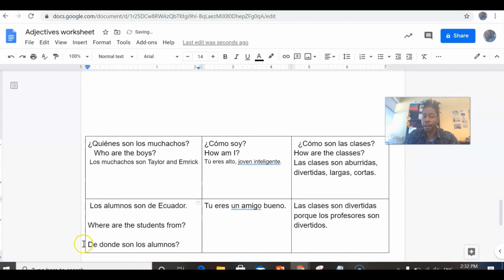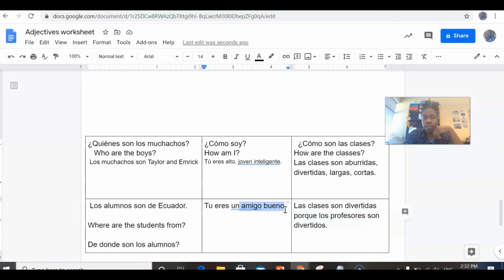And remember, our pattern for our question words is question word, verb, and then the subject here. So if I ask you ¿de dónde son los alumnos?, your answers would be los alumnos son de Ecuador or Carolina del Norte or de Puerto Rico or México, because we need a place to answer dónde. All right.